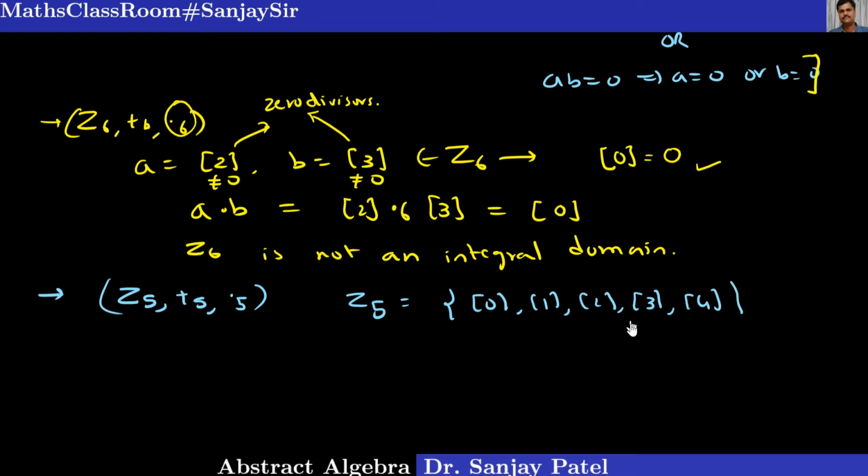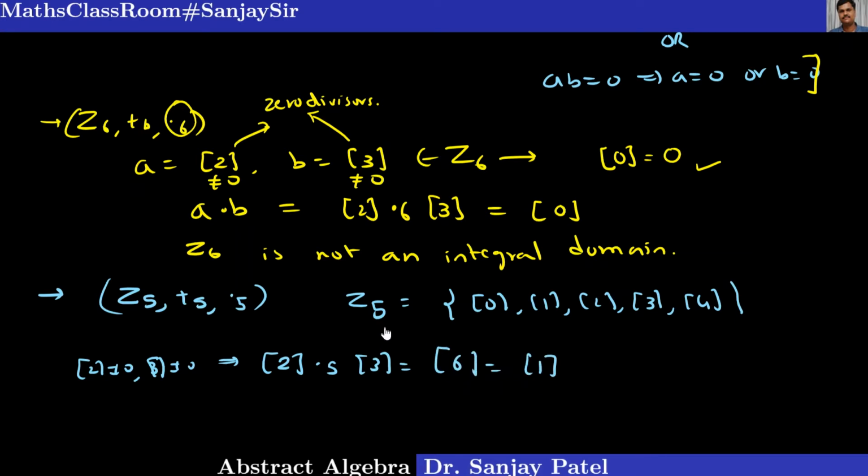Now if you take any two non-zero elements, say 2 and 3, and multiply, 2 is not 0 and 3 is not 0, and 2 into 3 is 6, and 6 is equal to class 1 in Z5, since 6 is congruent to 1 modulo 5, so that is not 0. So the product of two non-zero elements is non-zero.